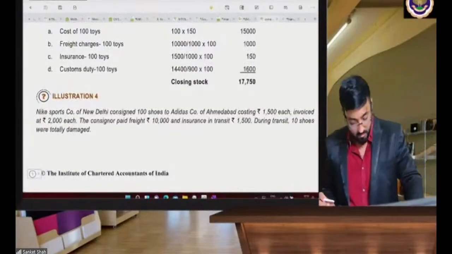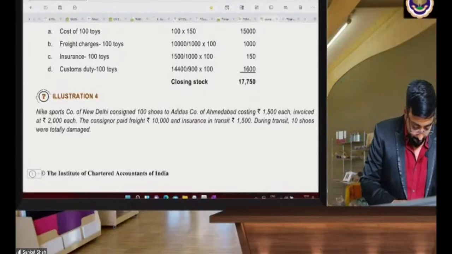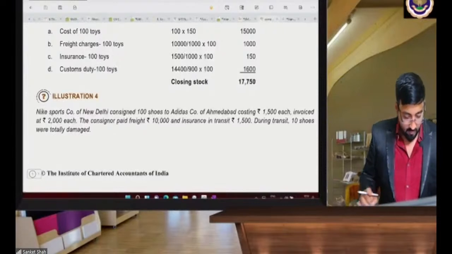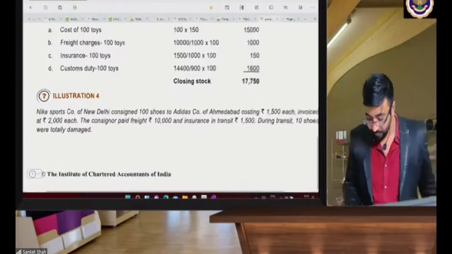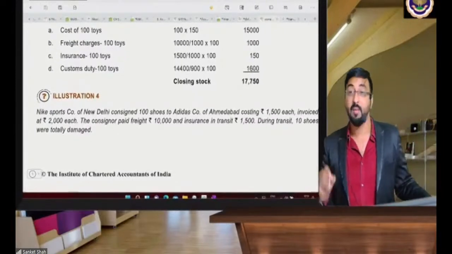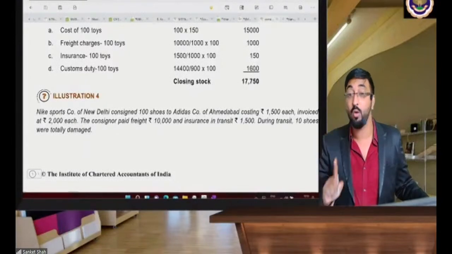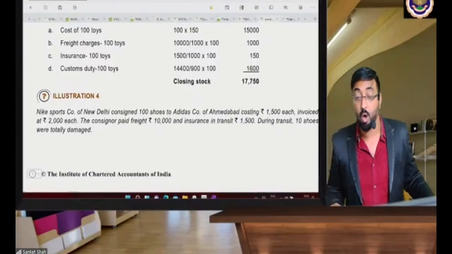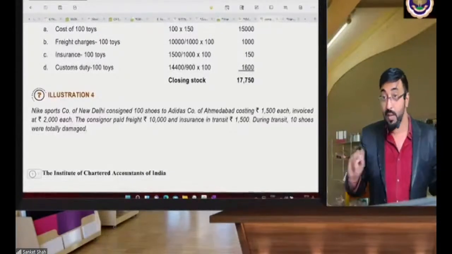Come to illustration number 4. Yes, I'm going to explain this concept now. Nike Sports company, and whatever I'm telling you to write on the question, please note down. Have a hard copy of this topic. Always don't have only a soft copy. Please sit with a book, you will have to write on it.